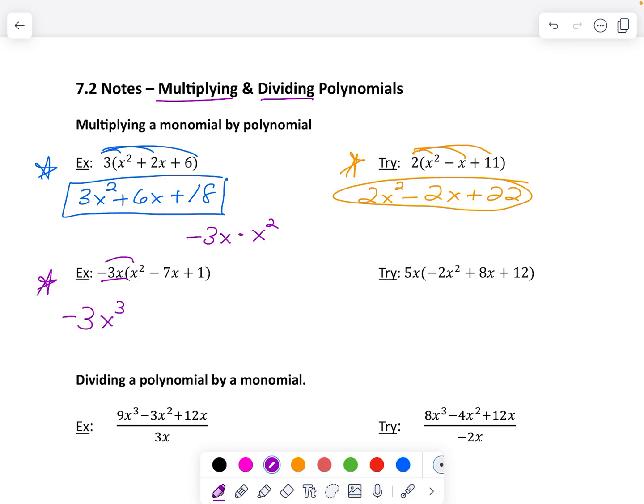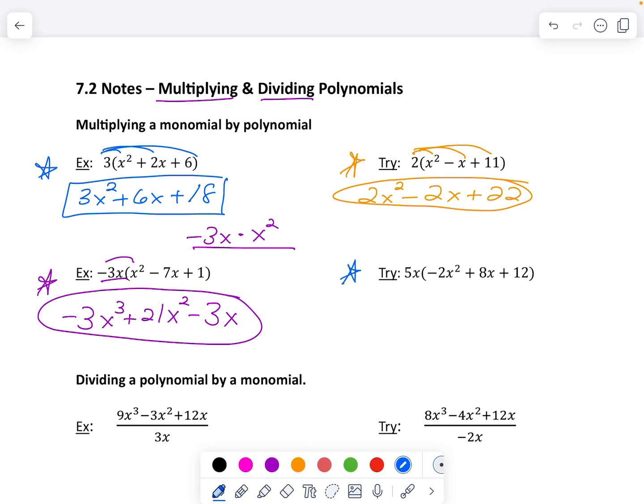When we're multiplying like this, we have to add the exponents. So now this is going to be -3 times 7, so plus 21, and then x times x, x squared. Then -3 times 1 is going to be minus 3x. So notice now when we're multiplying, the exponents did change.